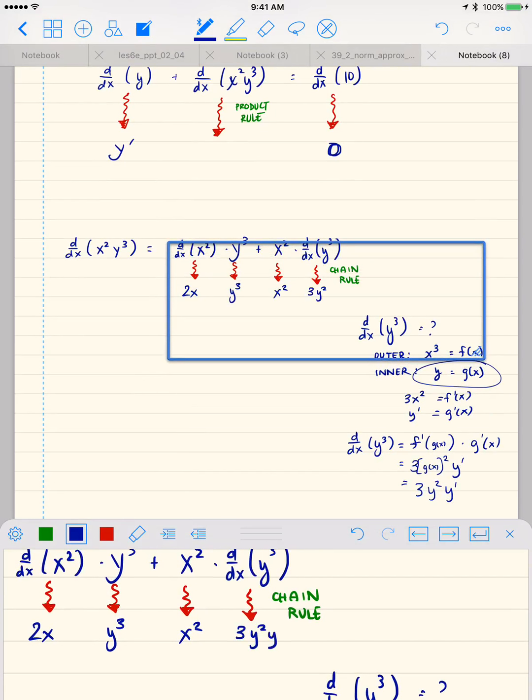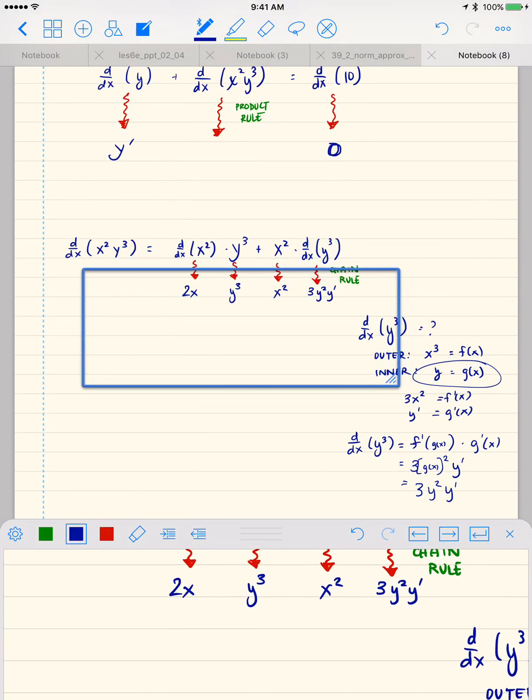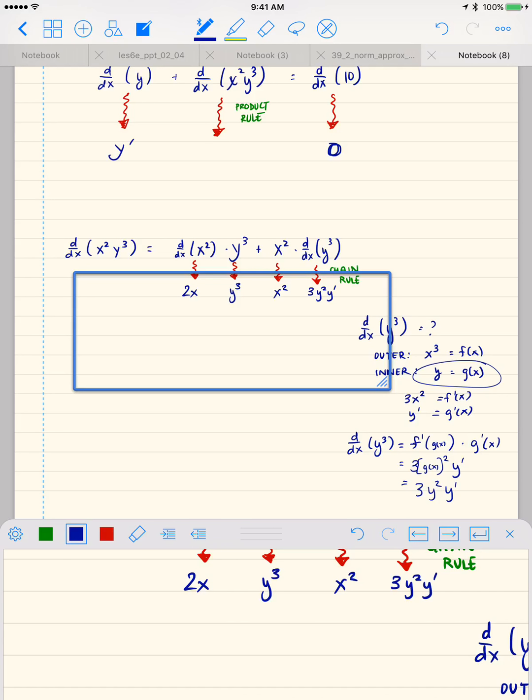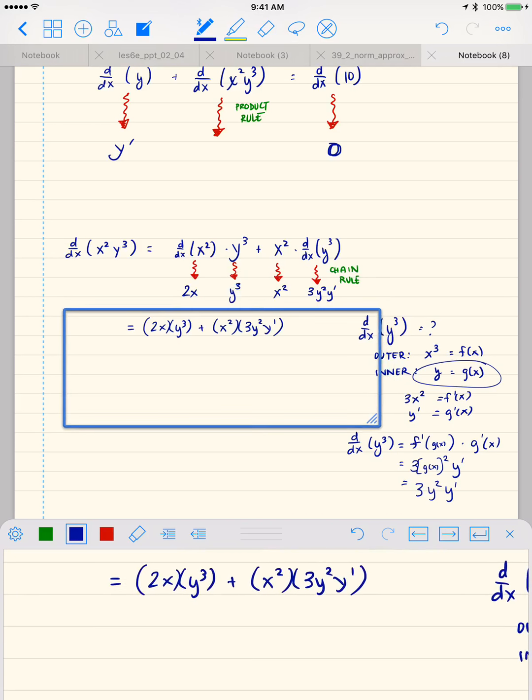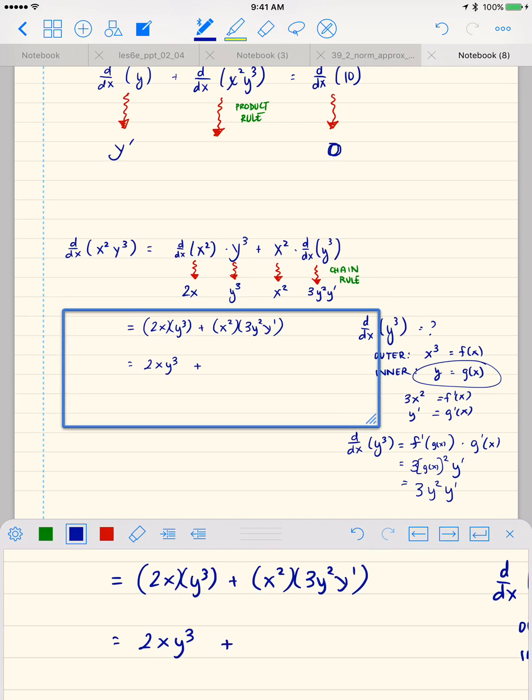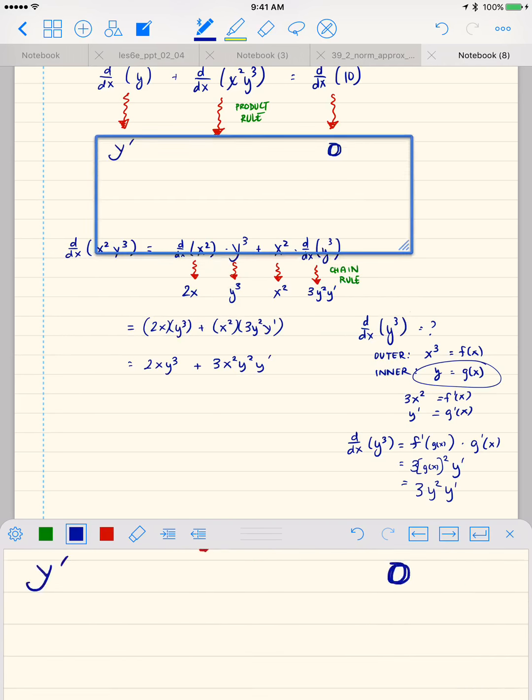Okay? So our derivative is equal to 2x times y cubed plus x squared times 3y squared y prime. So we get 2xy cubed plus 3x squared y prime.